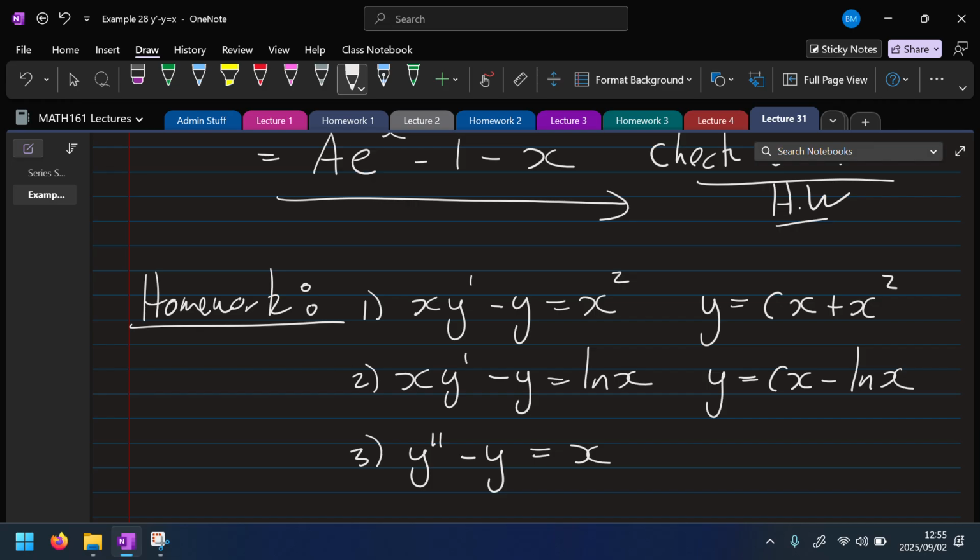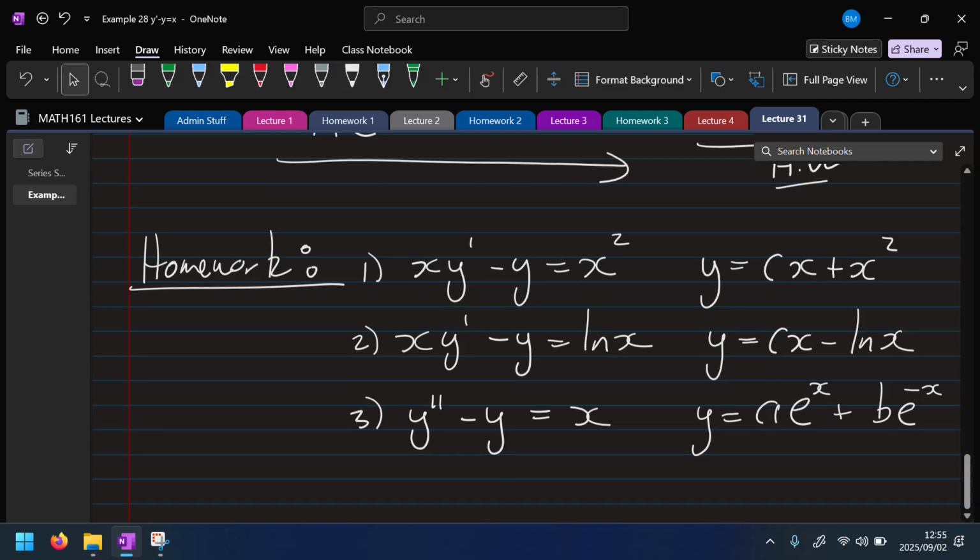So that's a second derivative there. So in that previous example where we had y prime, you're going to have to do the derivative a second time to get that. Equals x, and you should get y is equal to a e to the x plus b e to the minus x, some unknown a and b, minus x.